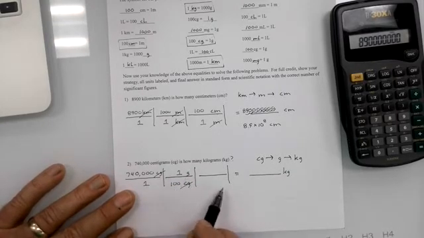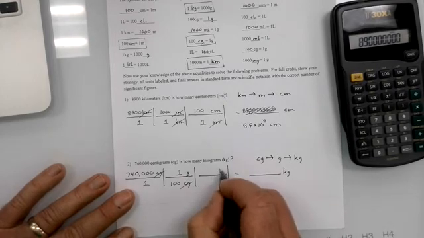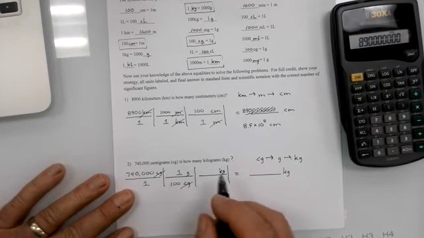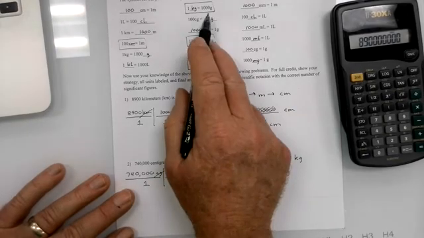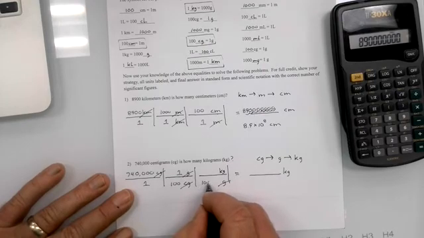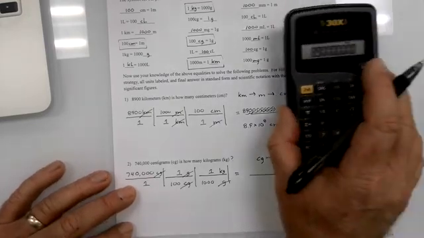Grams are on top. We need them on the bottom, so they will cancel out. And we are going to kilograms. And again, there are 1,000 grams in 1 kilogram. Units are good. We're ready for our calculator.